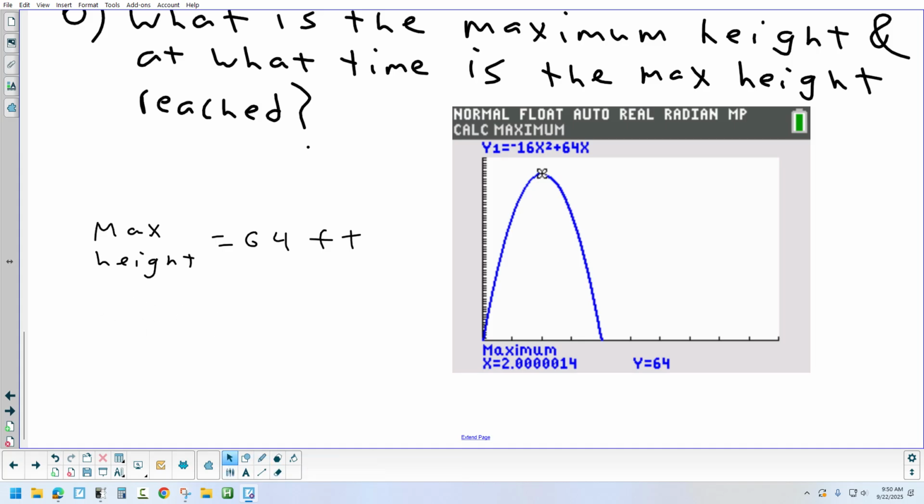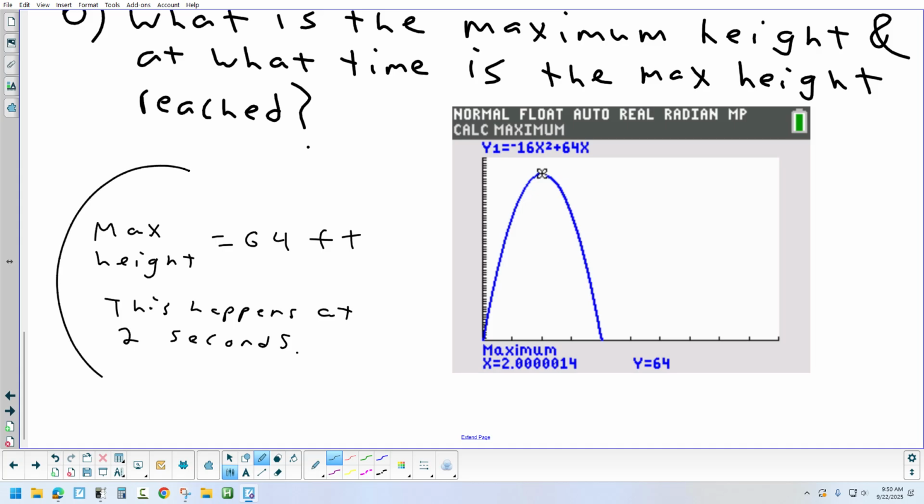And I'll just say this happens at 2 seconds. Okay, so that's called the maximum feature on the calculator. Okay. Any questions on that?